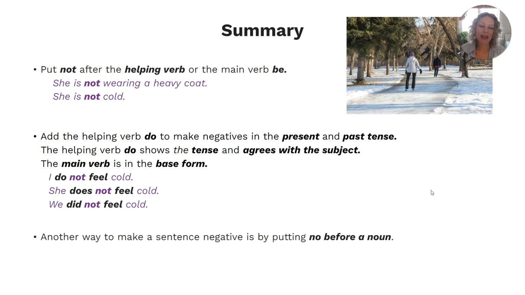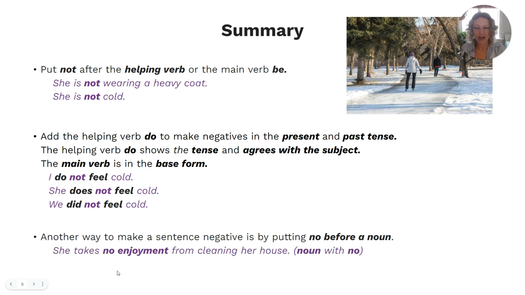Another way to make a sentence negative is by putting no before a noun to show that there is 0 quantity of that noun. As in, she takes no enjoyment from cleaning her house. So the noun there is enjoyment. That's a thing. And you'll notice takes, there's nothing making the verb negative.